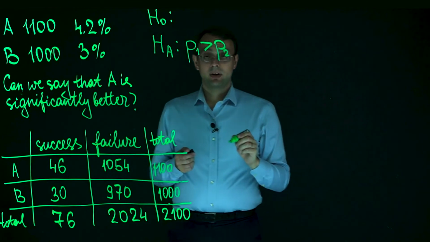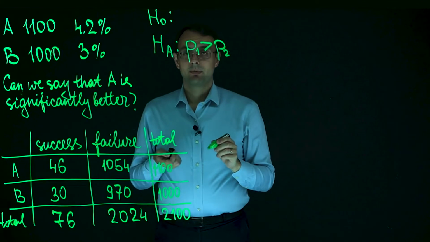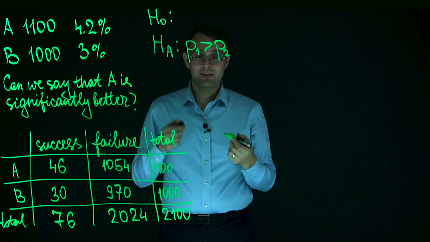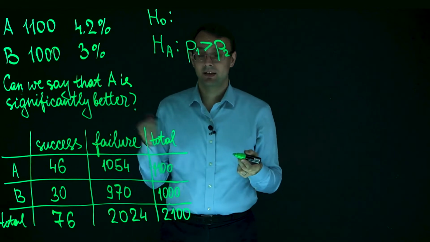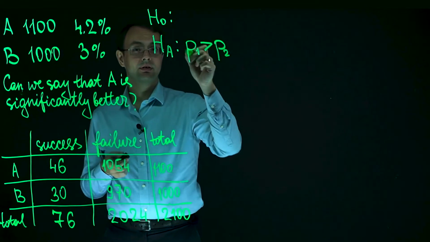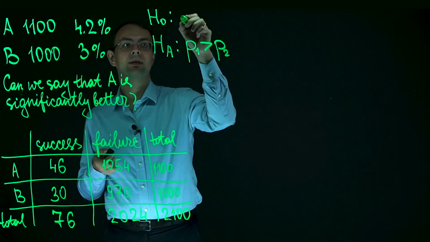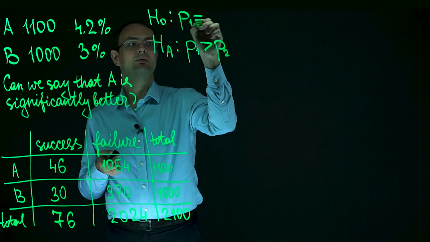And what is the null hypothesis? The same but with equality. The null hypothesis must have an equality. So if the alternative one is P1 greater than P2, then the null hypothesis is P1 equal to P2.